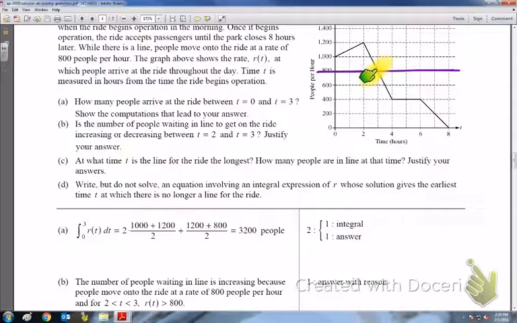So this is the maximum, or in other words, when the line is the longest. Remember that we started with 700 people, and then we add however many people have come to the line between 0 and 3 hours, which we calculated in part A. But then you also have to subtract the number of people that have left the line between 0 and 3 hours. So let's look at all three of those together.